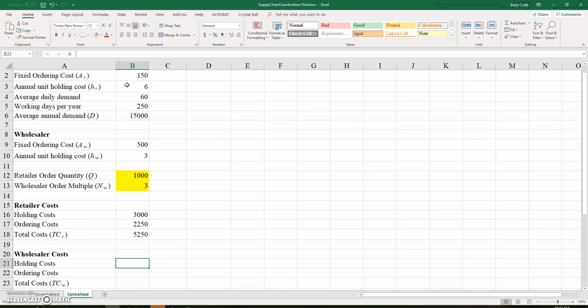So the wholesaler's holding costs are, again, Q times 0.5, or Q divided by 2, but then this is multiplied times N minus 1, the 1 representing the first Q units of inventory that are passed on directly to the retailer and never held at the wholesaler level. This is multiplied by the wholesaler's annual unit holding cost.